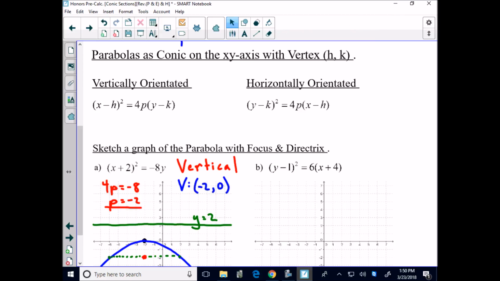Now, within this equation, we're seeing that focal width 4p, but within the equation that 4p can be positive or negative, and that's going to tell us whether the focal length p itself is positive or negative, and that's going to help us determine how we're oriented vertically and horizontally, right, when we're going from our vertex to our focus.